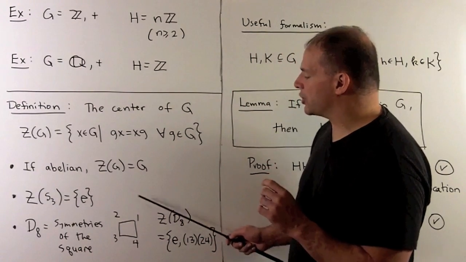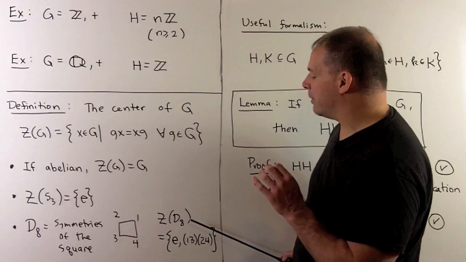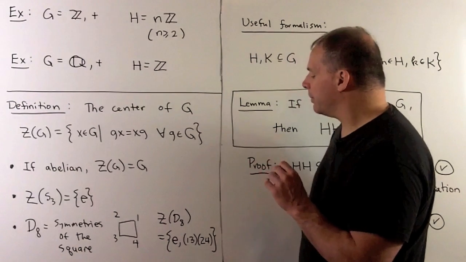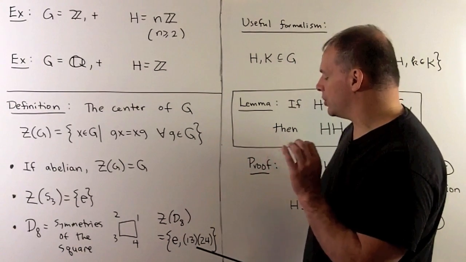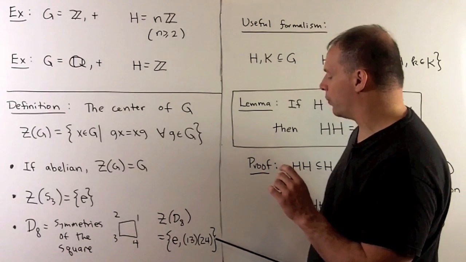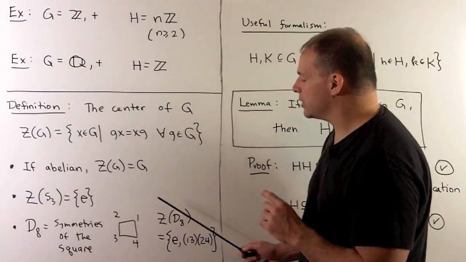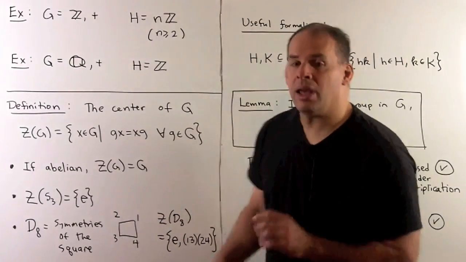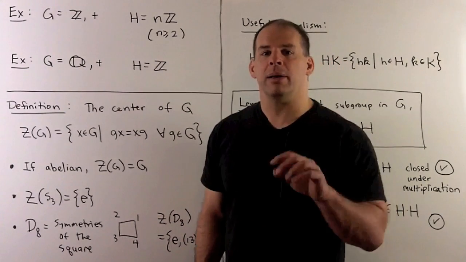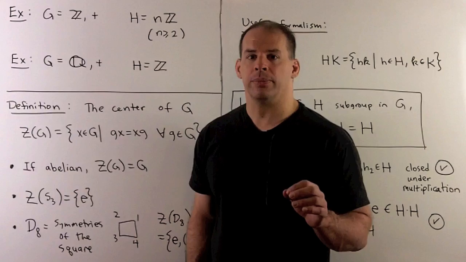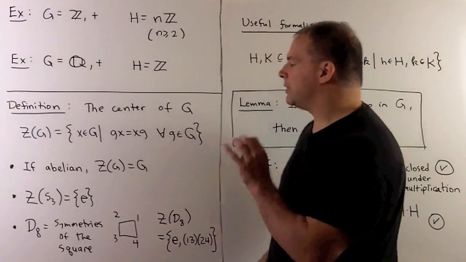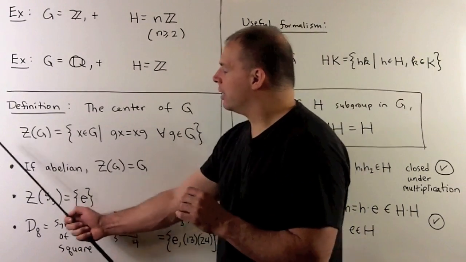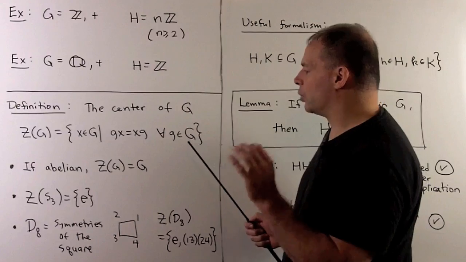So if we label the square as so, the center is going to be given by taking the identity element and the product of two disjoint 2 cycles, (1 3)(2 4). So that says flip through this axis and then through this axis. That's better known as rotate by 180 degrees. Now, I'll leave it to you to show that we have a subgroup here and that it's normal.